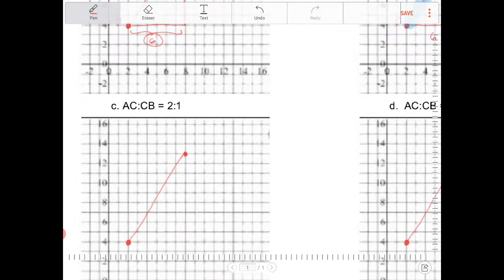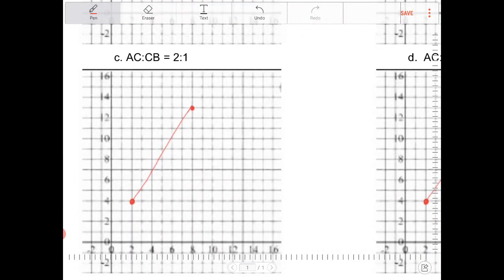All right, moving on. I want to break the line up into 2 to 1. Again, it's already sort of broken up for us. So where will C be in this case? C will definitely be there. So what would that be?